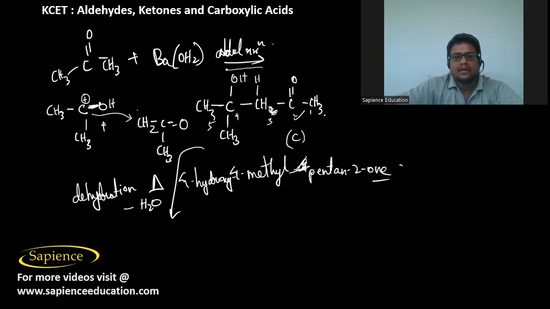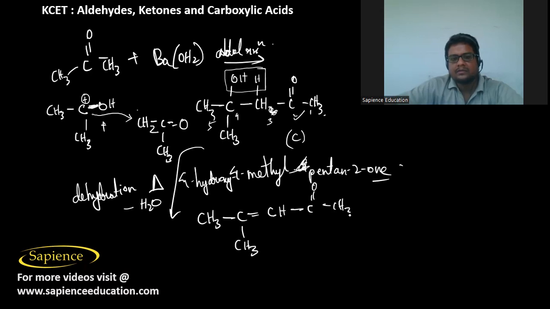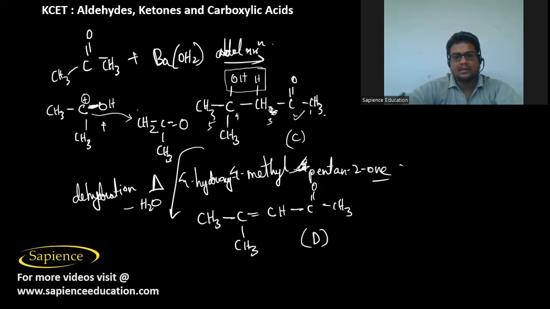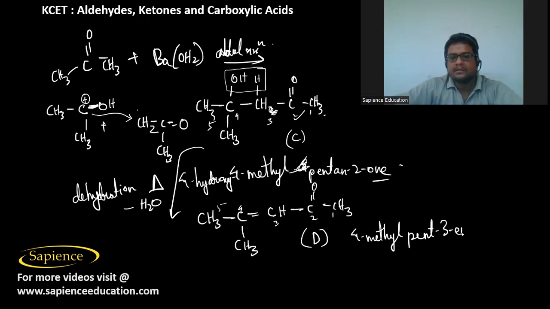Since it will remove this H2O, one double bond will be formed, which is CH3, C double bond CH, here CH3, here CO, CH3. So which is the final compound D. And then the compound D, its name is 1, 2, 3, 4, 5, which is 4 methyl pent-3-en-2-one.